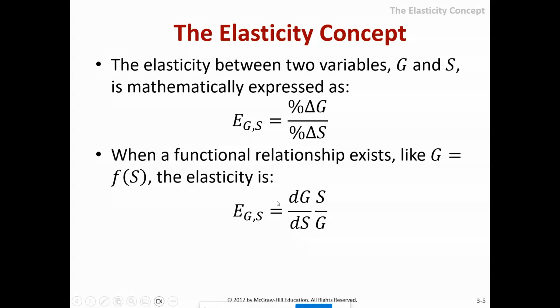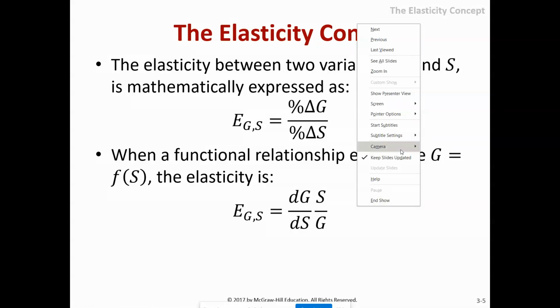The first part is the derivative of G with respect to S. If it were a straight-line, linear relationship between G and S, it is simply the slope. Taking the derivative, okay, and the second part is the ratio of S to G at that point.